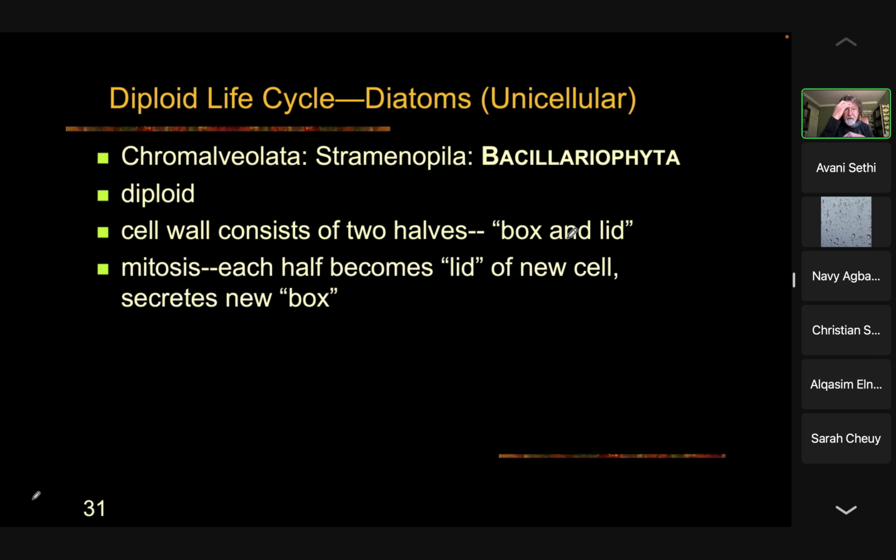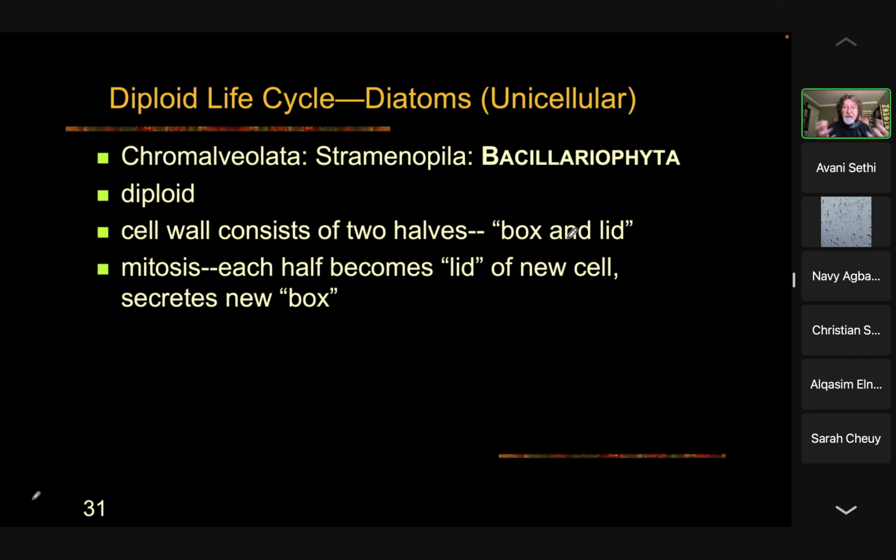Now, when they undergo mitosis and divide, each half of this cell wall, the box and the lid, will be inherited by the two offspring. So one of the daughter cells will inherit the lid, the other one inherits the box, and then it has to secrete a new other half.